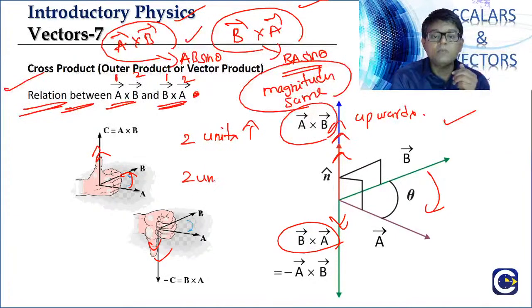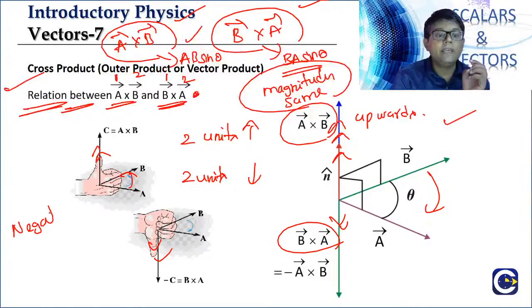B cross A will be 2 units downwards. If you remember, we talked about the concept of the negative of a vector.